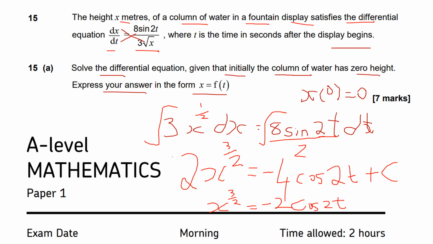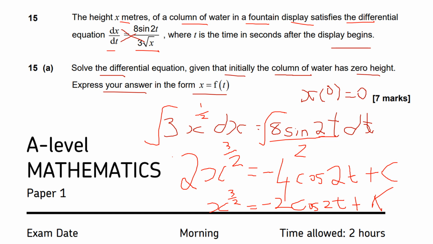So I'll call it a new constant, k, where k equals c over 2. It doesn't actually matter here because the constant will give the same answer. But if you're being picky, when you check your answer, c will be double whatever k is.